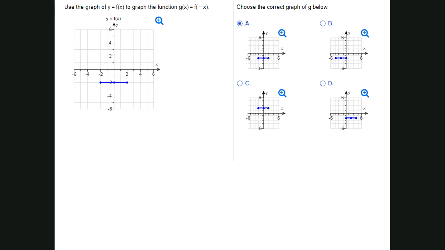So you're like, okay, I'm confused. Remember that you're swapping the x values. Whatever you got for the x values on the positive or right-hand side of the graph, you're now getting for the x values on the negative or left-hand side of the graph. Because remember, it's the x we're making negative, not the whole shebang, just the x part. And since the input switched sides, so also does the graph.